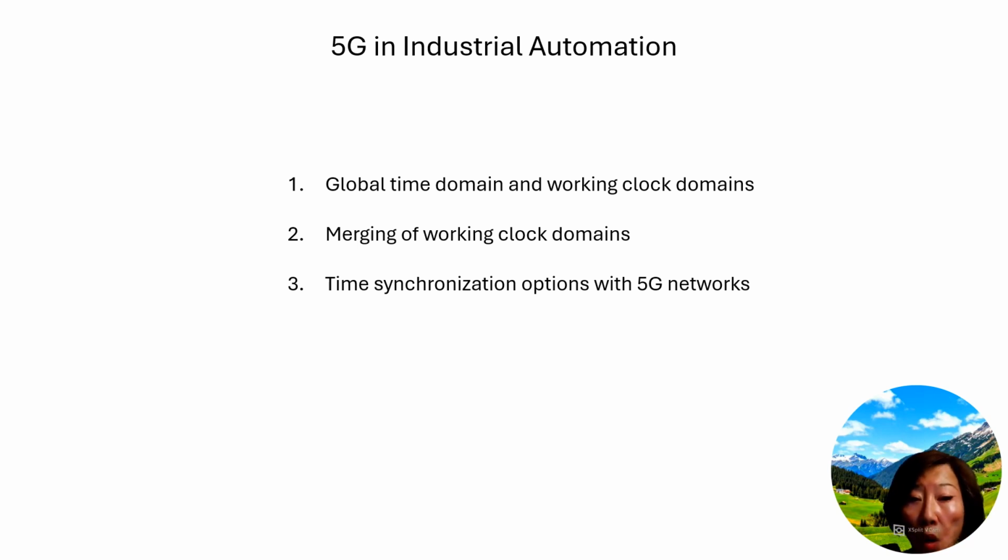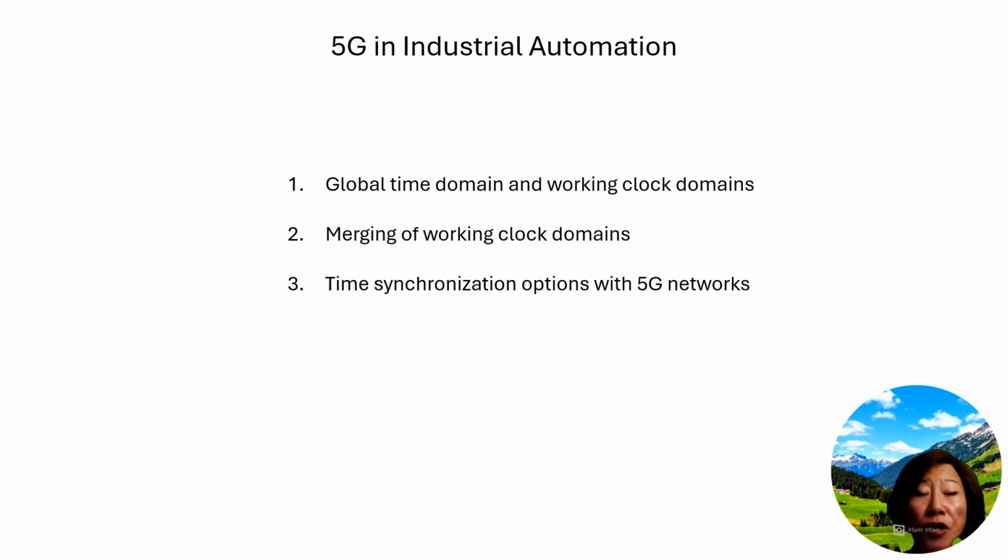Merging of working clock domains is a complex process that might involve adjusting the timing of one domain to match another, which the 5G system needs to support without disrupting ongoing operations. The 5G system might provide timing support through features like synchronized frame transmission or by transporting external time protocols like IEEE 1588 version 2 with minimal and consistent delay.